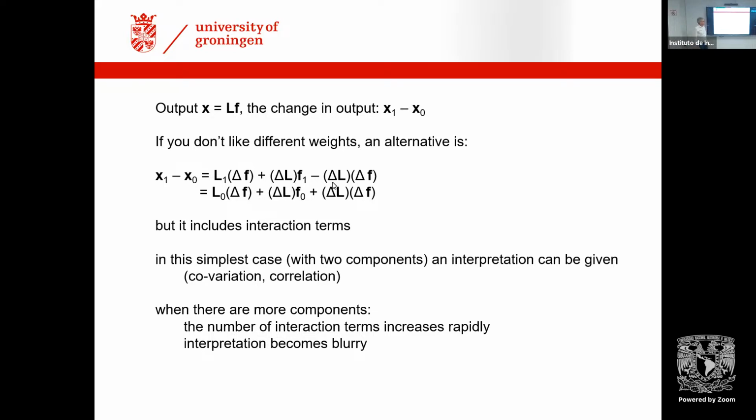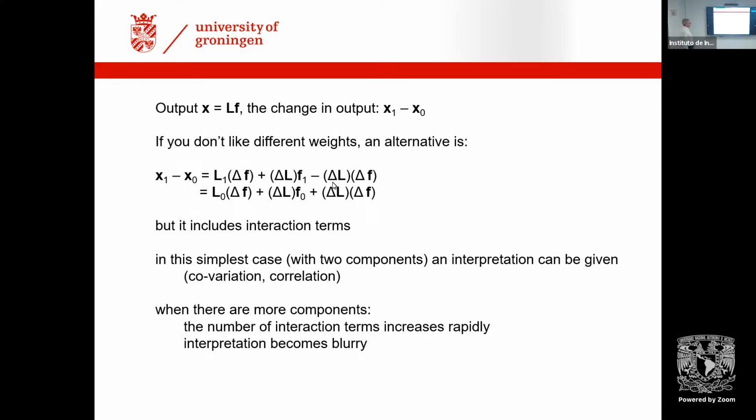But that is doable for a simple decomposition with two components. But if you have three components, there are already four interaction terms. And the last interaction term is delta L, delta F, and delta something multiplied with each other. Now, go ahead and give me an interpretation for that.